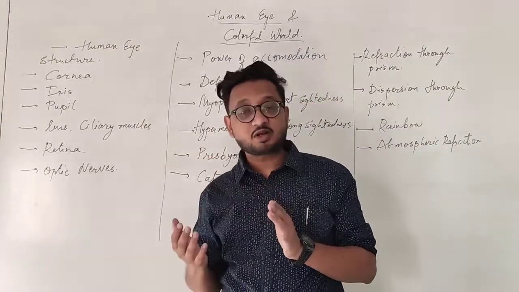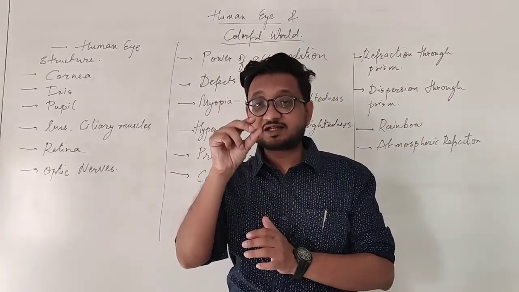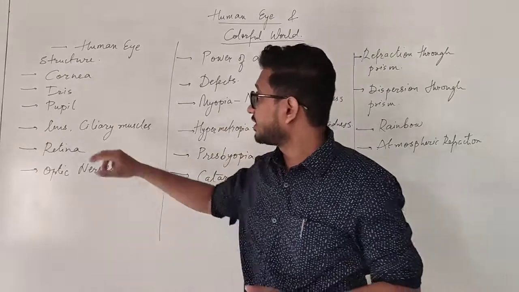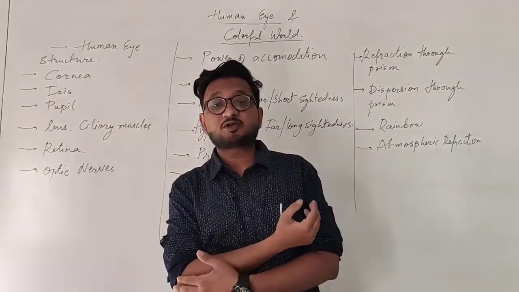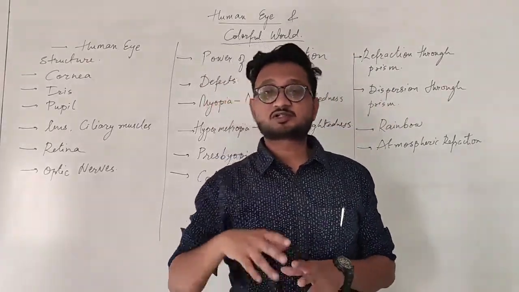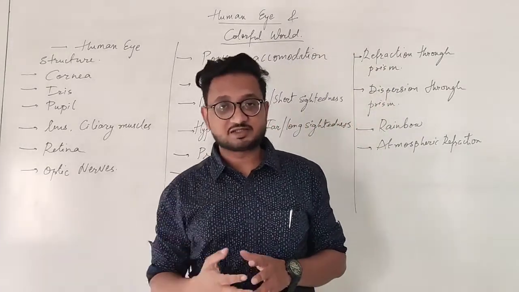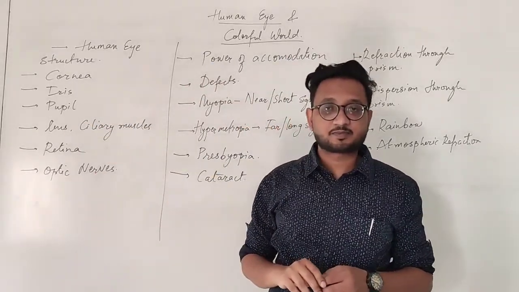Okay, if there is more light, then it is going to contract and make the size of the hole, which is called pupil, very small, so that only a limited amount of light enters your eyes and it does not damage it. Okay, because more light can damage our eyes, and so that is controlled by iris.